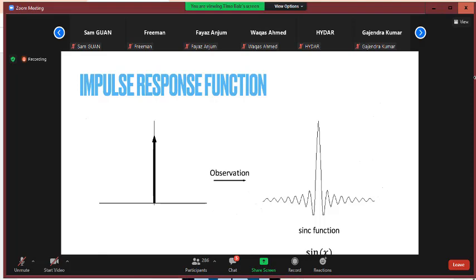However, in radar remote sensing, we see that much more clearly because we have fewer objects that are reflecting, fewer backscattering targets that form our impulse response function.